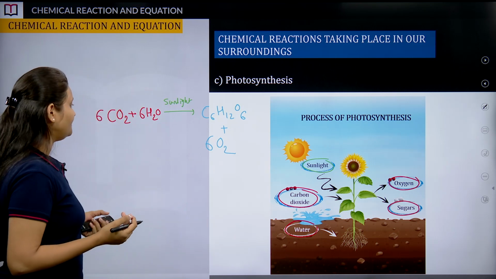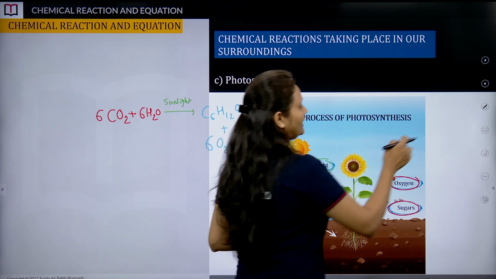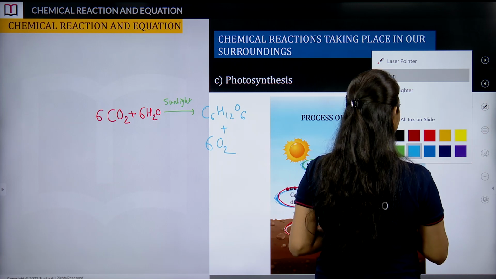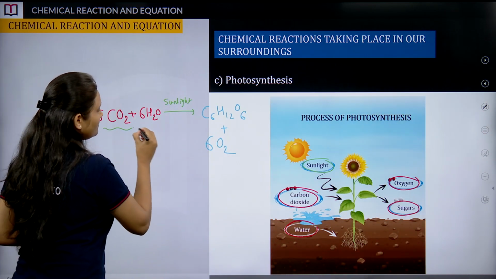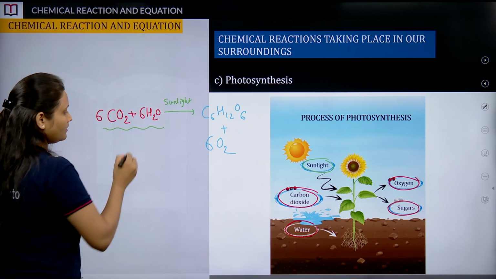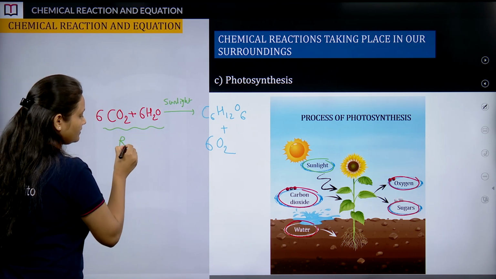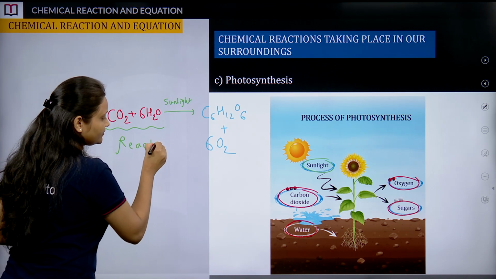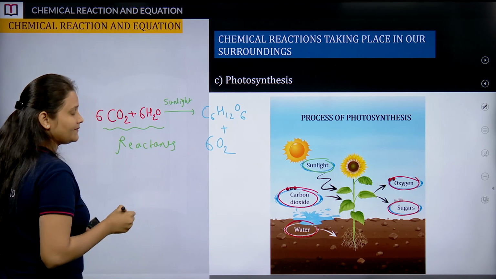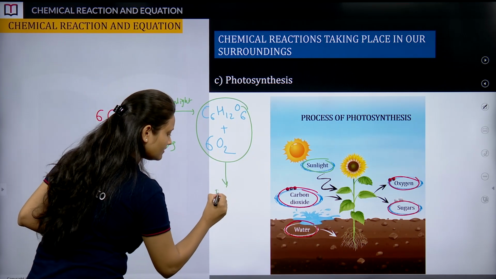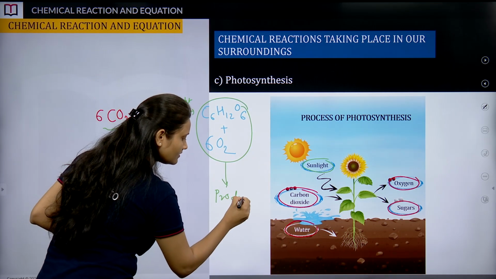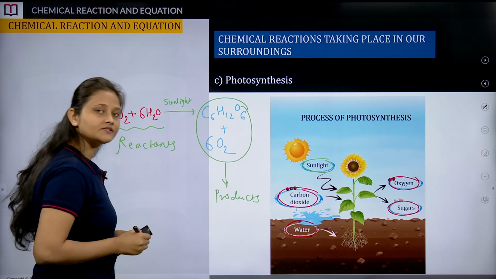So basically if I want to elaborate this, this part is nothing but the reactants, and these are all the products.